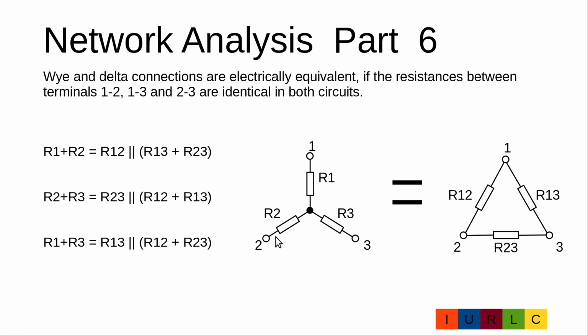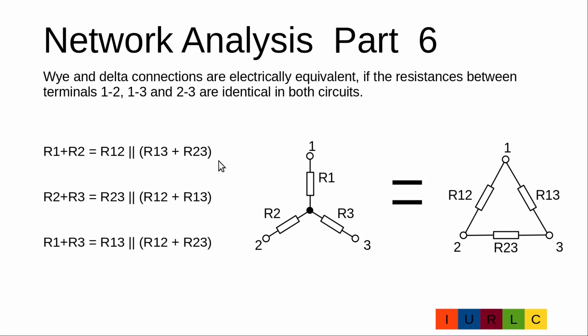The resistance R2 plus R3 should be equal to the resistance R23 in parallel to R12 plus R13. And finally, the resistance R1 plus R3 should be equal to the resistance R13 in parallel to R12 plus R23.